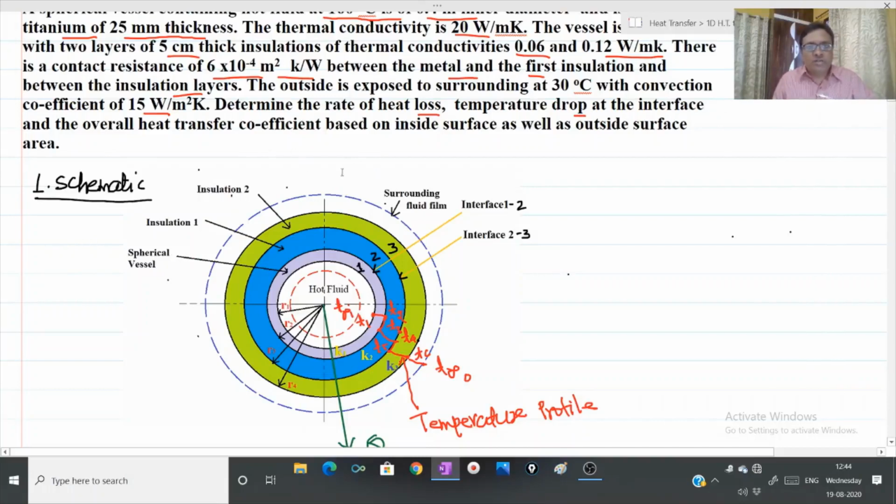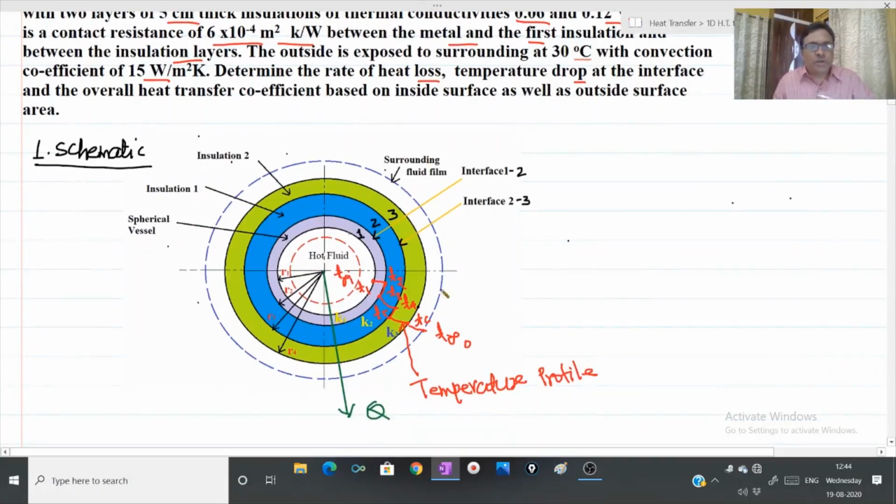As you can see here, this problem consists of a spherical vessel made up of titanium having its inner radius R1 and outer radius R2. It is provided with two insulating material layers, insulation 1 and insulation 2.